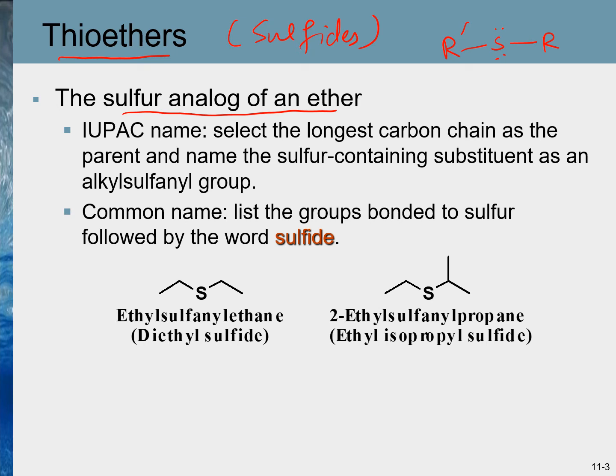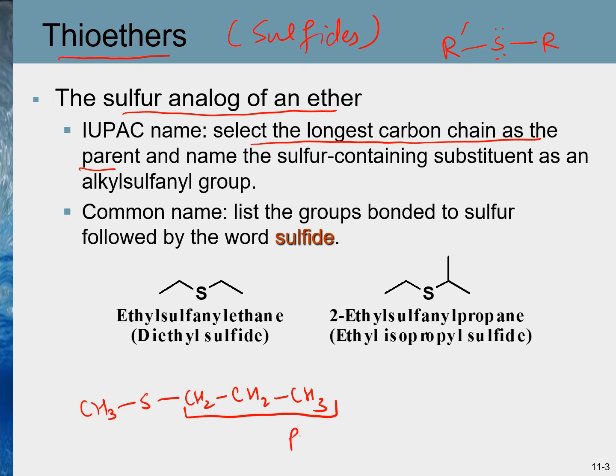To write the IUPAC name of thioethers, we select the longest carbon chain as the parent, and we name the sulfur-containing substituent as an alkylsulfanyl group. For example, if we have this thioether, in this case the longest chain is this one of 3 carbons, so this would be a propane.